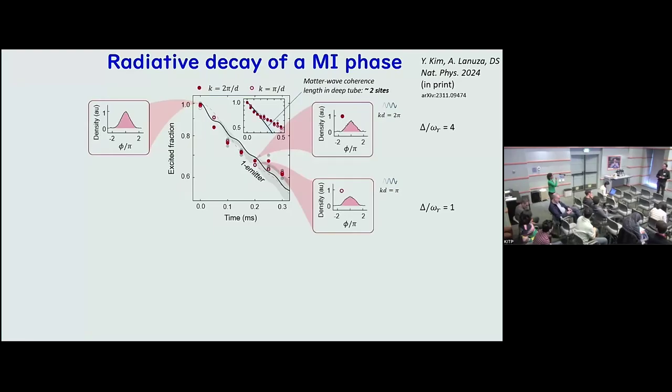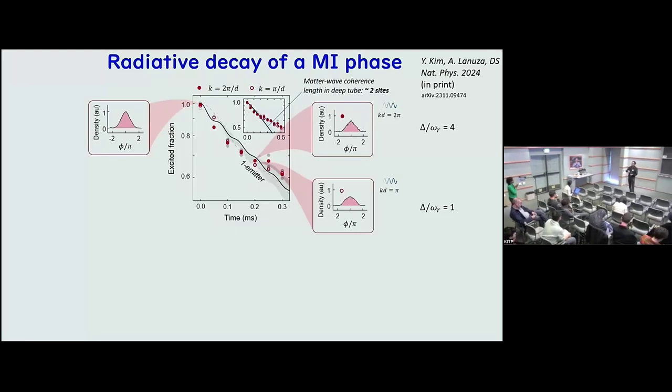The gravitational field aspect that you were talking about, are you accounting for the fact that as the matter waves go up and down, there will be some red and blue shifts, and is that what is causing the asymmetric interference? So what we do, this is very interesting. You could do the emission while the Bloch oscillation is going on in the tubes, but that's not what we do. What we do is we turn on the gravitational gradients for a short time, and then we turn it off again.